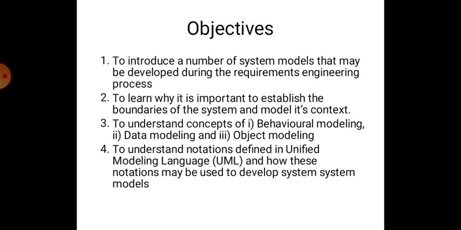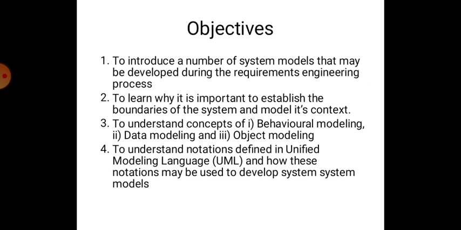Students, when you carry out the requirements engineering process, you have to develop a model of the system so that the user and the developer understand how the system is going to function, and we can analyze and collect a lot of information.